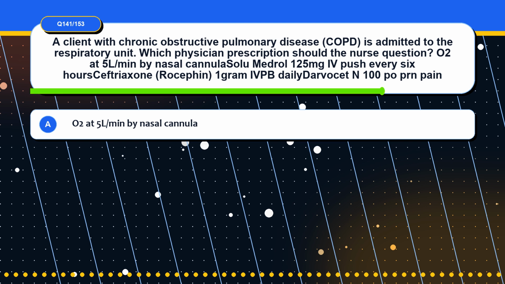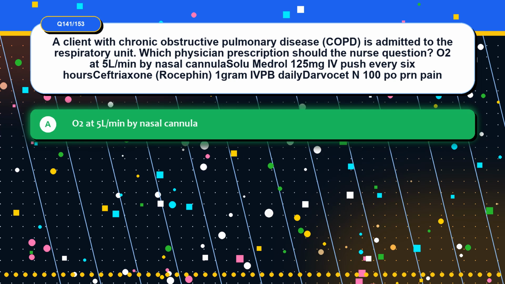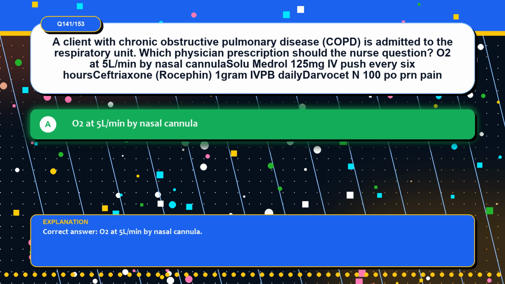Here are the options. Option A. O2 at 5 L/min by nasal cannula. The correct answer is option A. Correct answer.